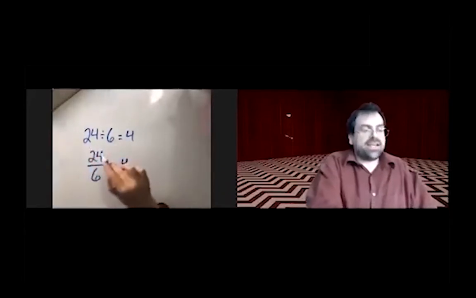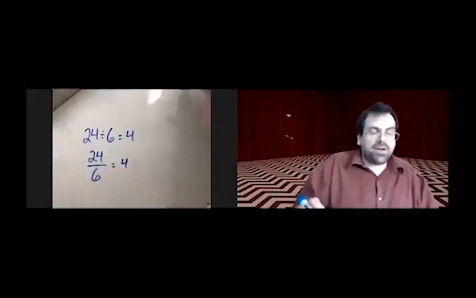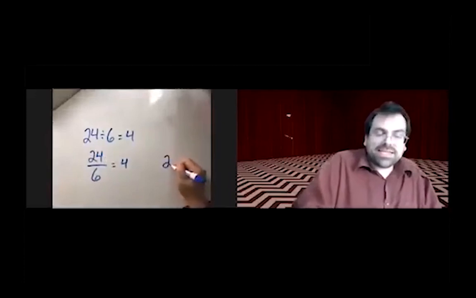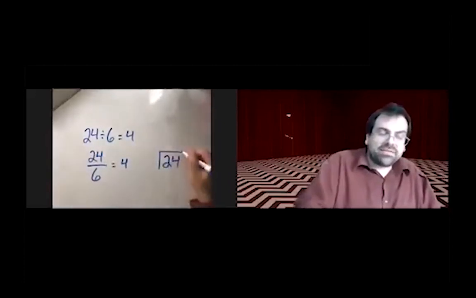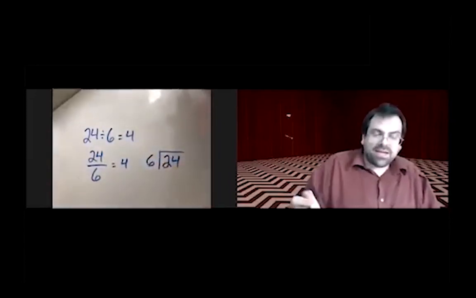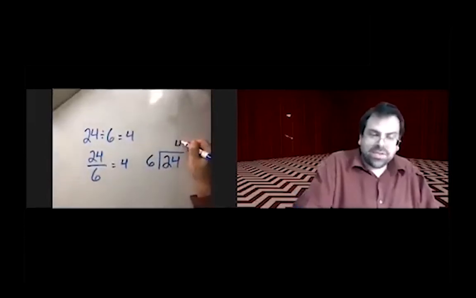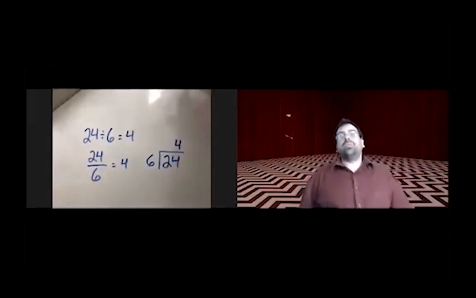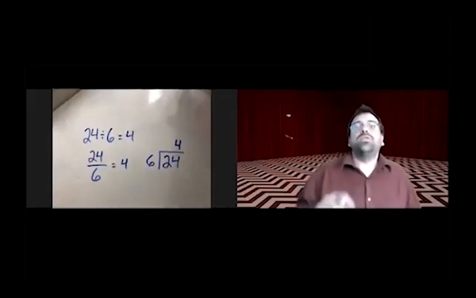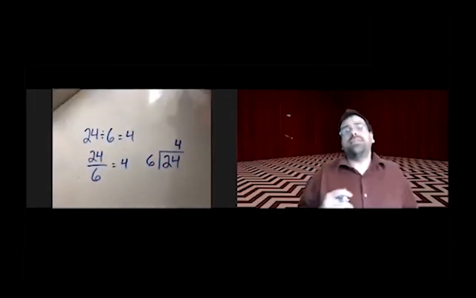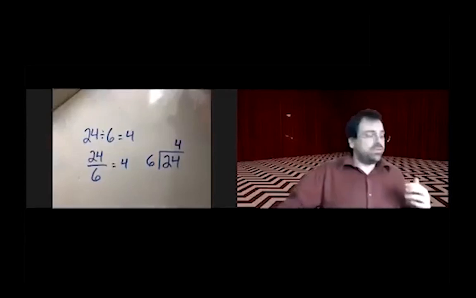First divided by second is the same as top divided by bottom. And it's also the same as inside divided by outside equals the number on top. These are 3 different ways to show 24 divided by 6 equals 4.